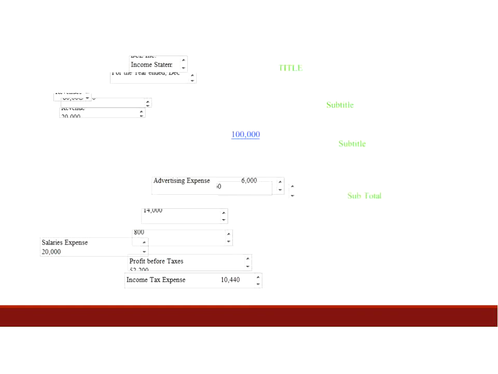So we can list all of our expenses. So we may have things like advertising expense. We may have a rent expense, so we may have to pay rent on the sales office that we have. We may have a salaries expense, so we have to pay our employees to work for us.